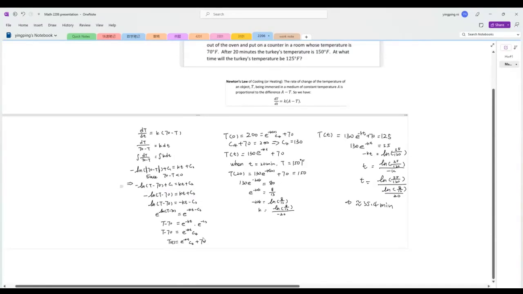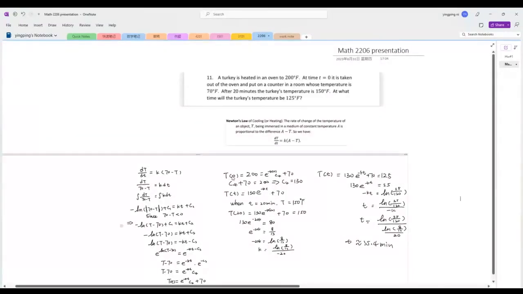Based on the question, T at 0 equals 200. So C4 plus 70 equals 200, and C4 is equal to 130. So the equation of T is 130 times e to the negative kt plus 70.